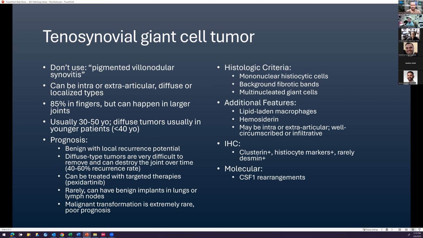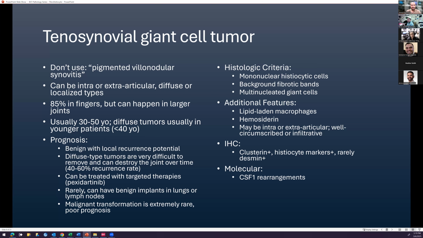So they can be outside the joint space, often in the muscle around the joint. That does happen. The majority, about 85%, are in your fingers, but they can happen in larger joints too, like the knee is pretty common. And tumors that occur in your fingers tend to be localized more commonly. Pretty wide age range, usually around 30s to 50s.